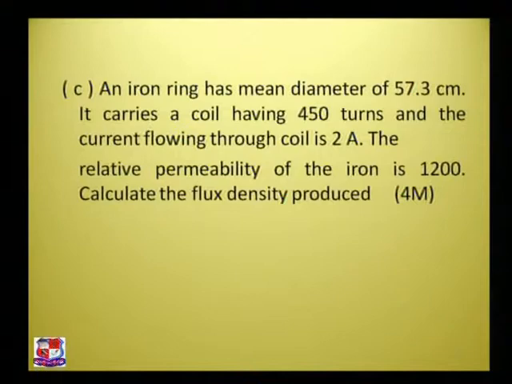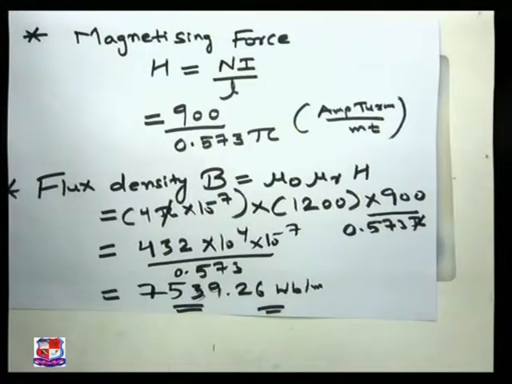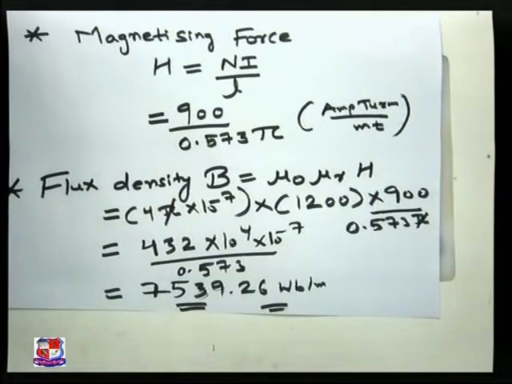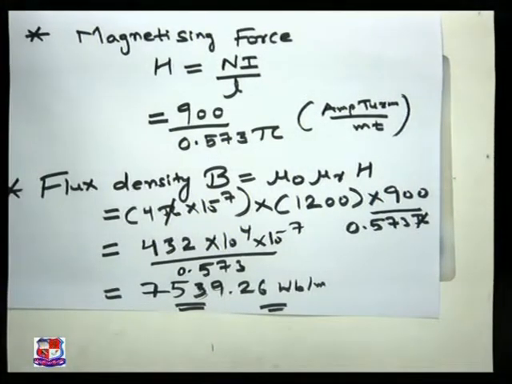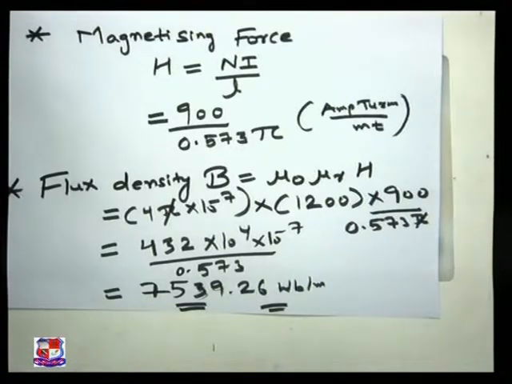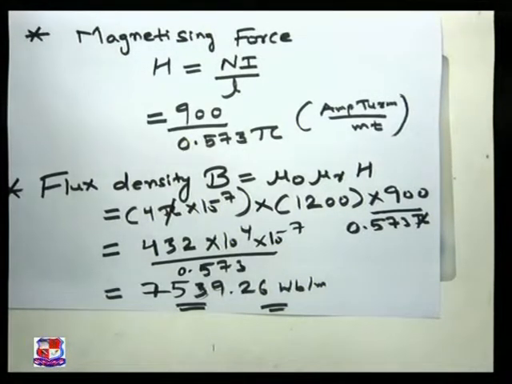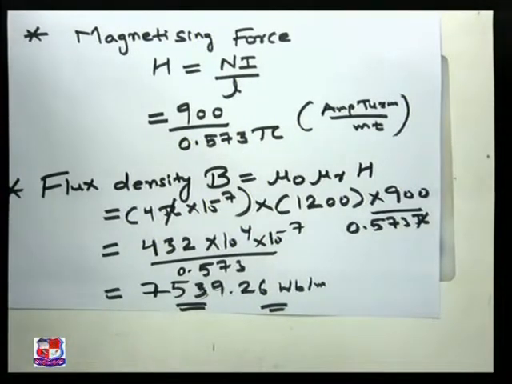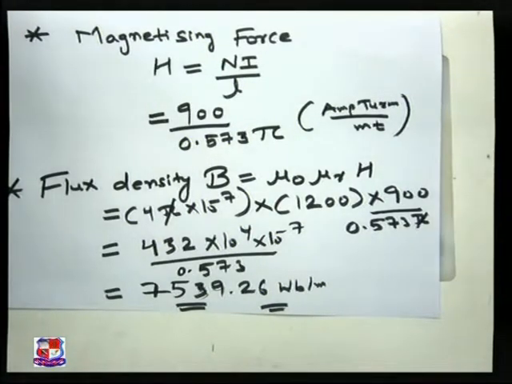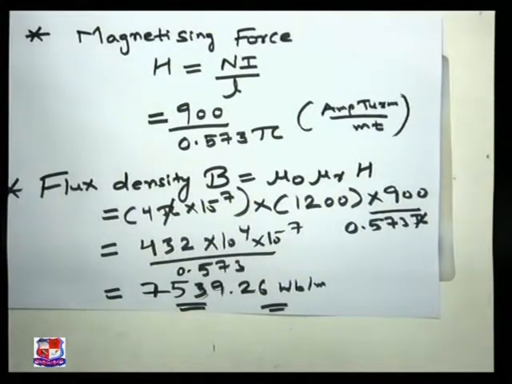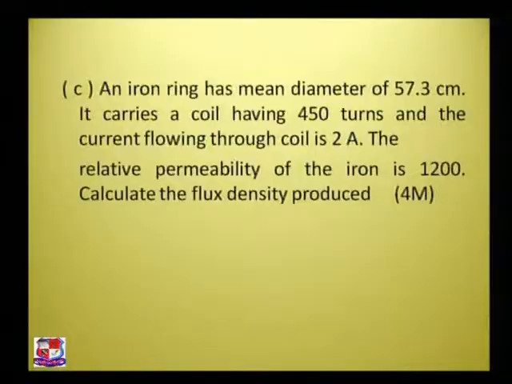Then we have the equation of magnetizing force, which relates the ampere turns and length, denoted by H, equal to Ni by L. So we put the values of Ni and L in this equation, dividing by the mean length of the iron ring that we calculated, 0.573 pi. Finally the flux density B is related to the magnetizing force H, equal to mu 0 mu r H. So putting all these values in this equation, finally you can calculate the value of B that is asked in the question, right.